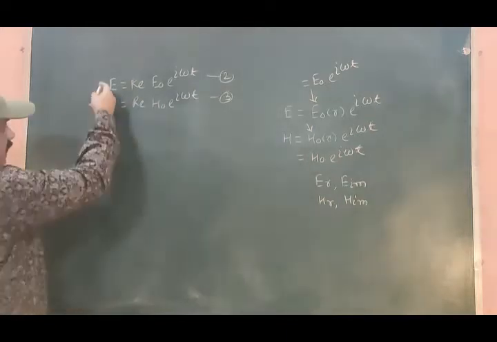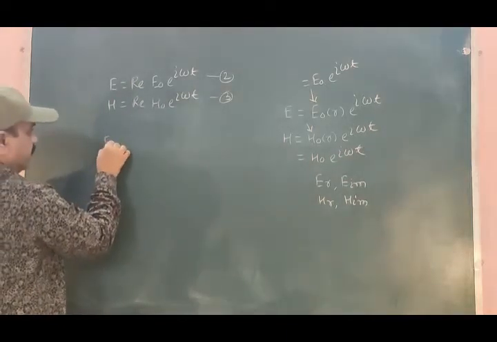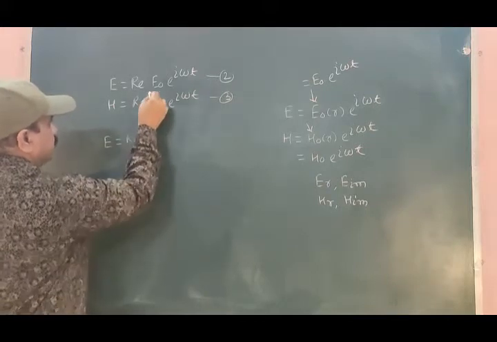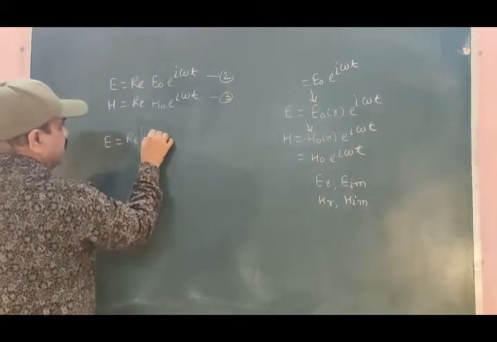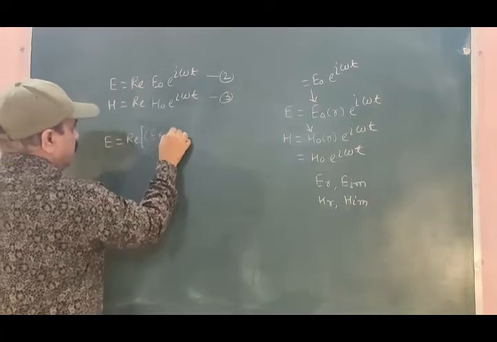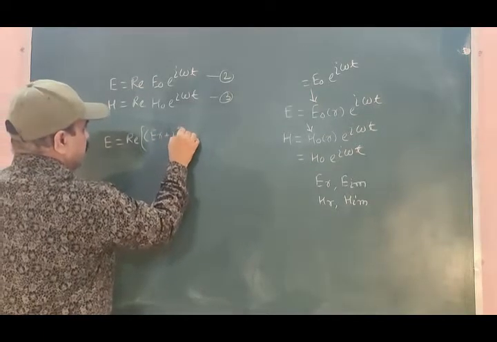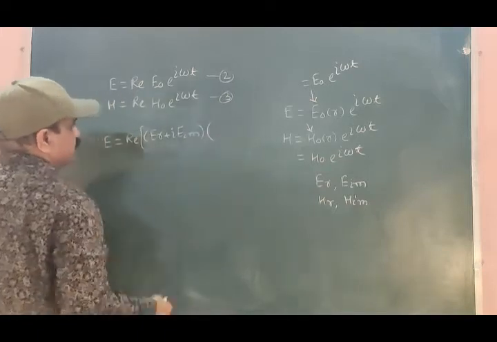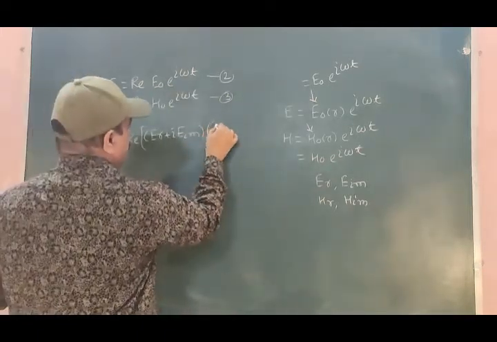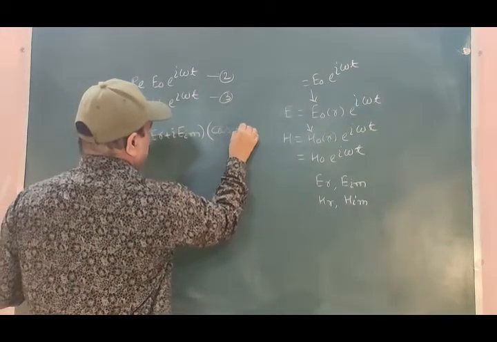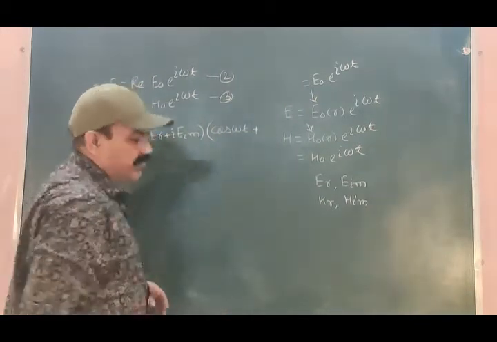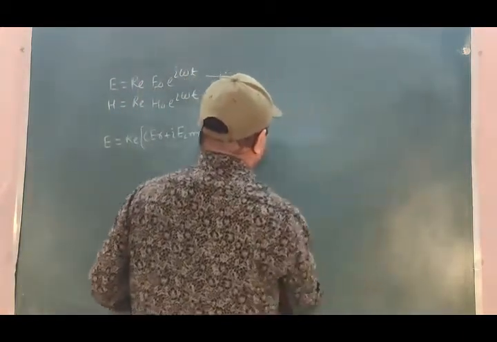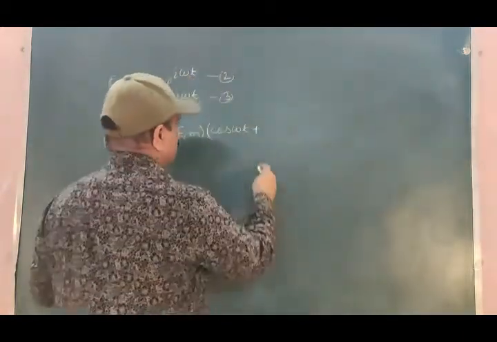Now, let me write this E as the real part of E0, which can be written as a real part plus i times the imaginary part, into cos omega t plus i sin omega t.